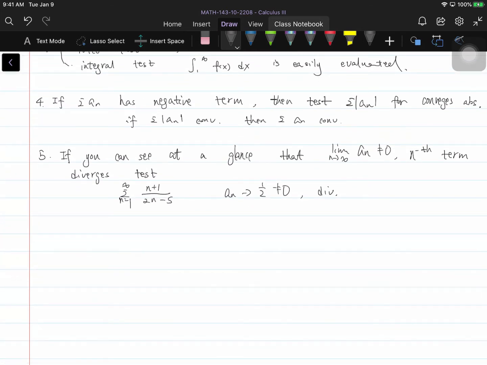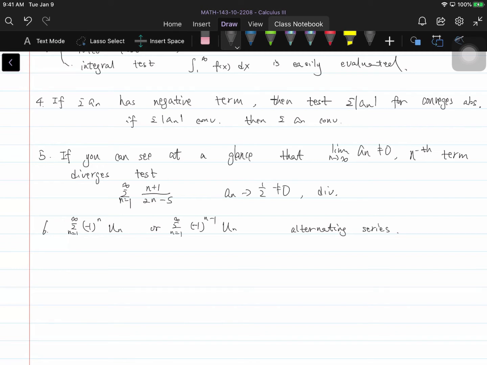Number 6. Let's take a look. Negative 1 to the n times u_n, or sometimes negative 1 to the n minus 1. It just depends on whether the first term is positive or negative. In this case, we call this an alternating series.